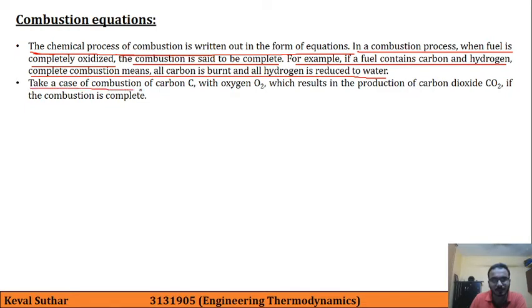Take a case of combustion of carbon, that is C, with oxygen O2, which results in production of carbon dioxide CO2 if the combustion is complete. So when C plus O2 is fully burned and we obtain CO2, then this will be our complete combustion.